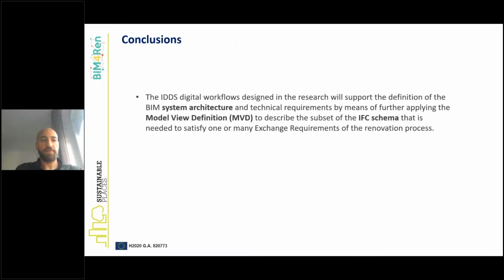So as a conclusion, we know that the IDDS digital workflow is designed to support the definition of the system architecture in order to define the model view definition as a subset of the IFC schema. And this is needed to satisfy one or more exchange requirements in the renovation process.